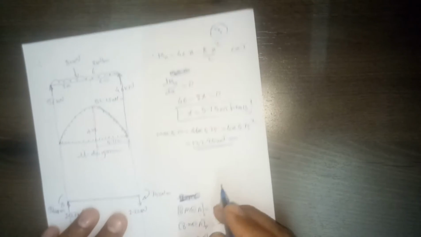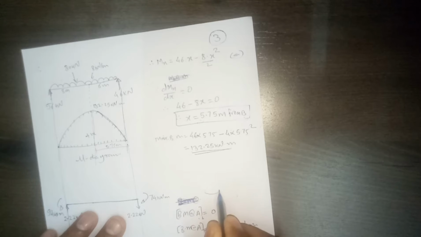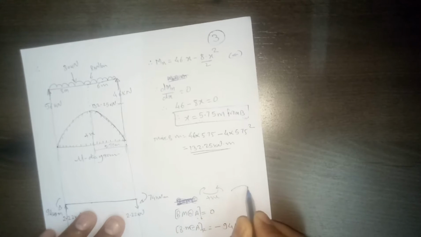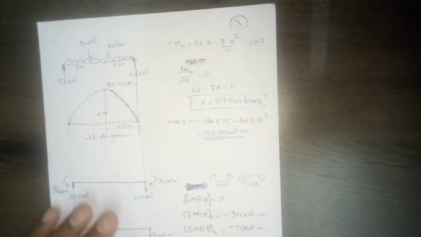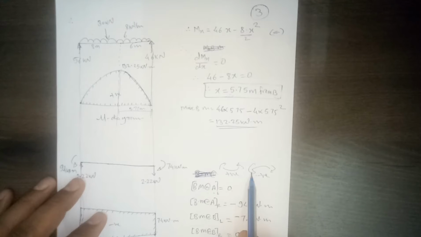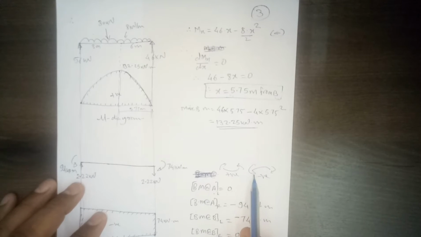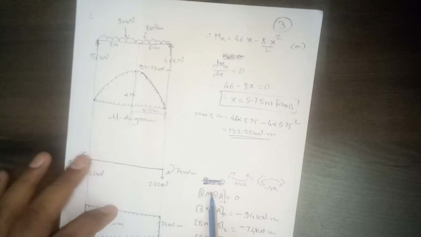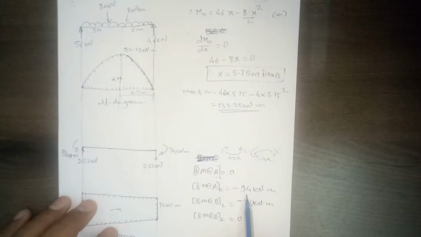Here we are using the typical sagging and hogging notation. So sagging moments are positive, hogging moments are negative, right? Even here we did the same. This moment is bringing the end down, so that's how it is minus.